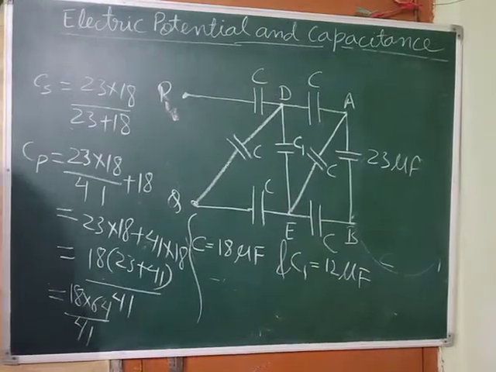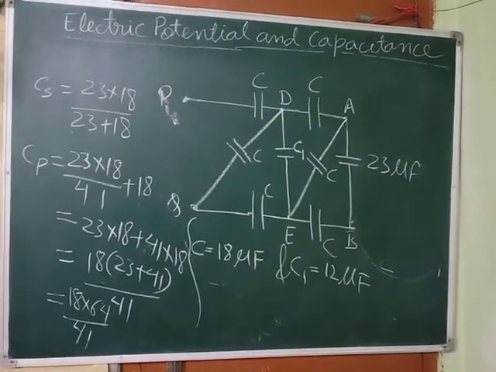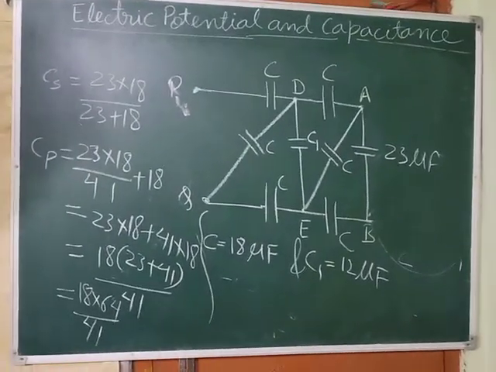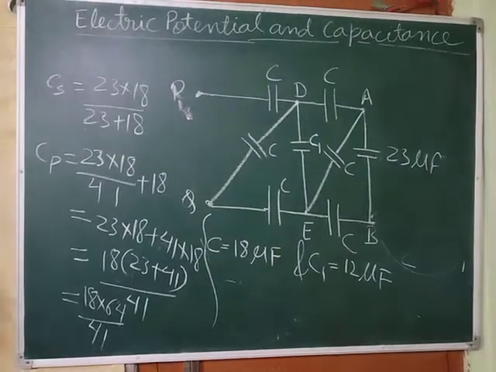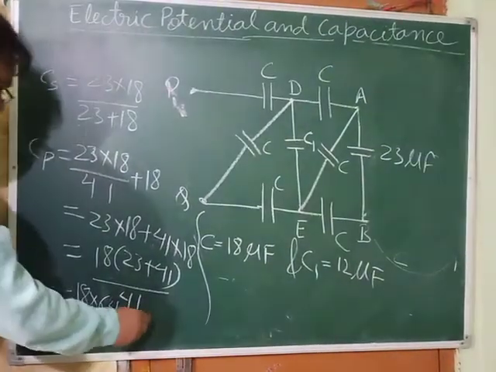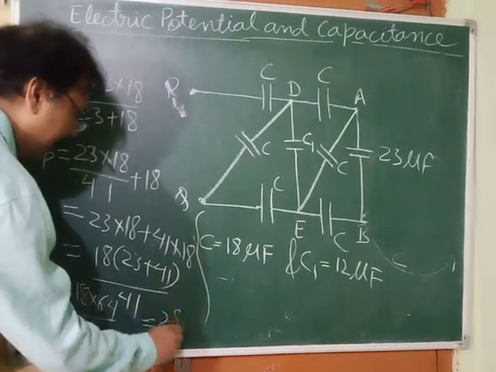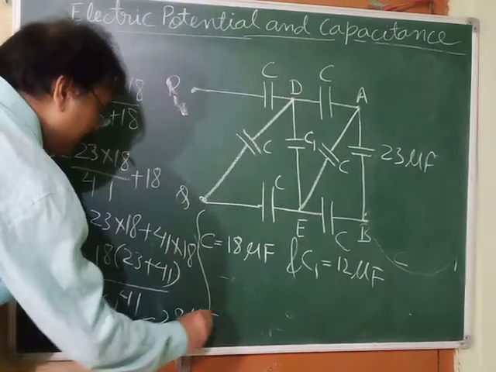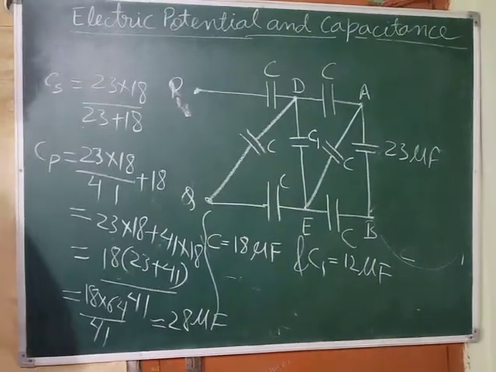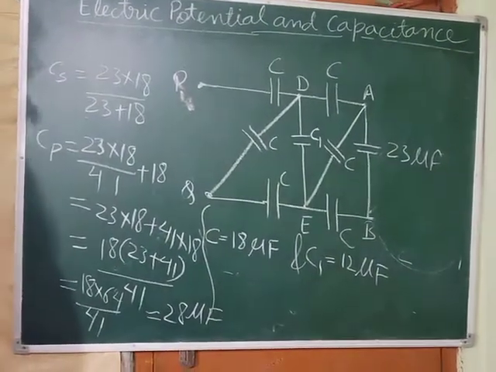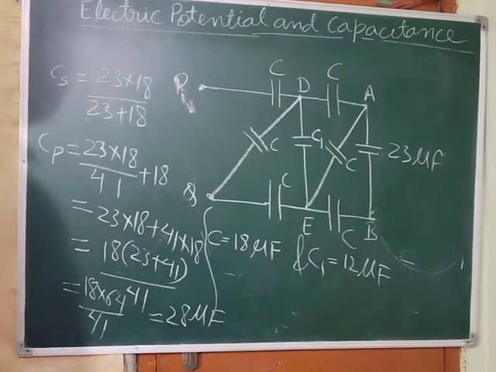So what will we get? When we divide, we will get around 28 microfarad. So we have got 28 microfarad till here.